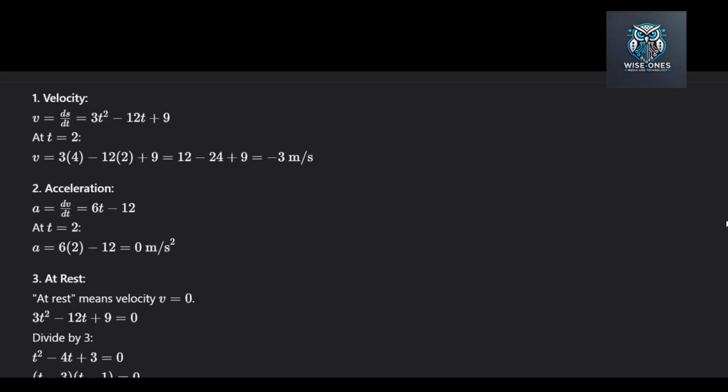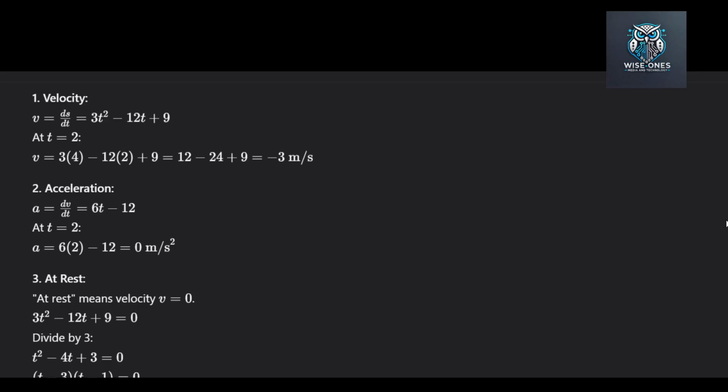Part 3. At rest. At rest means the velocity is 0. The particle is not moving. So set v equals 0. 3t squared minus 12t plus 9 equals 0. Divide by 3 to simplify. t squared minus 4t plus 3 equals 0.